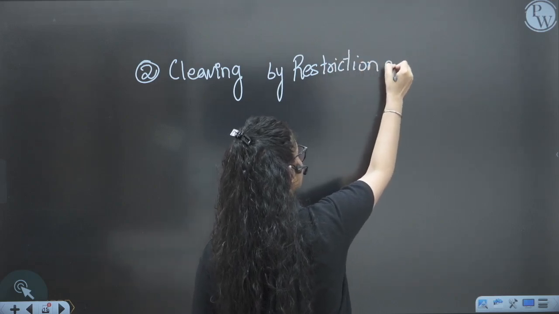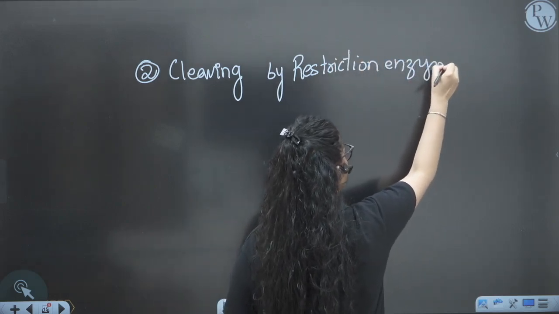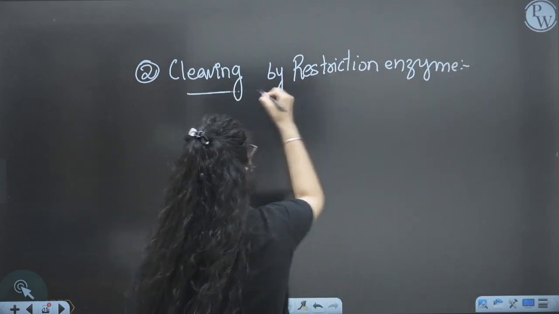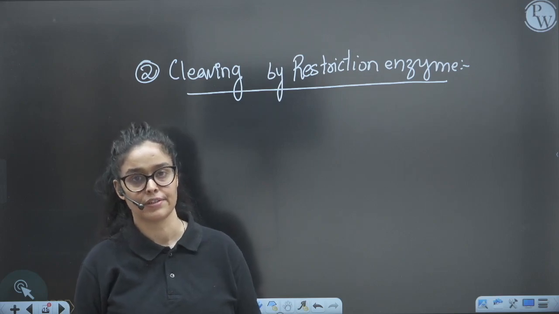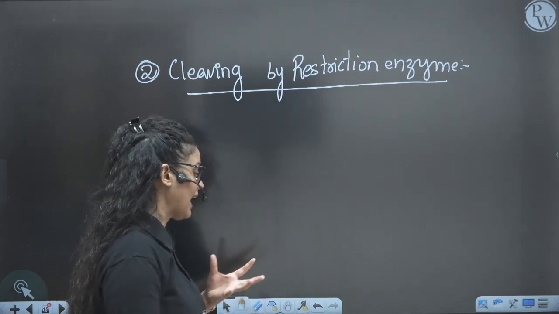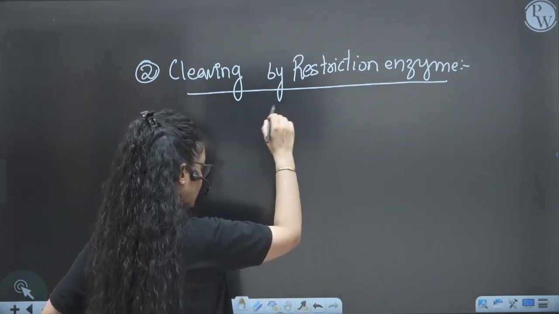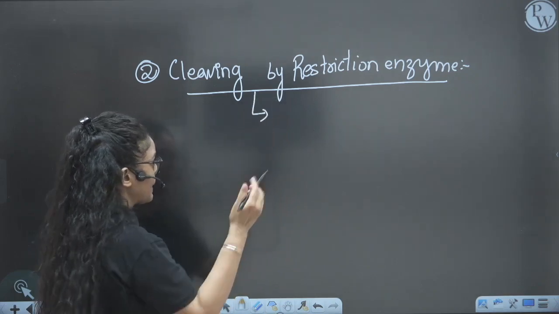So how did this restriction enzyme get discovered? We will see it first. You know, these two scientists, Arber and Werner, were actually doing work on bacteria, right?